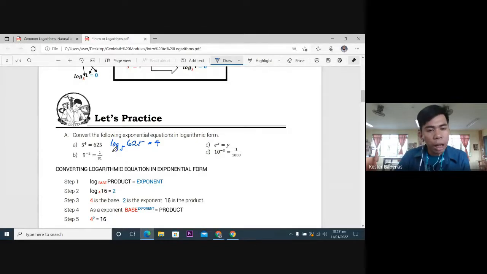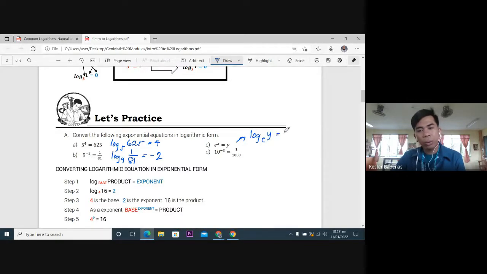How about letter B? That would become logarithm of 1 over 81 with the base 9 is equal to negative 2. Next is letter C. That would become logarithm of y with the base e is equal to x.